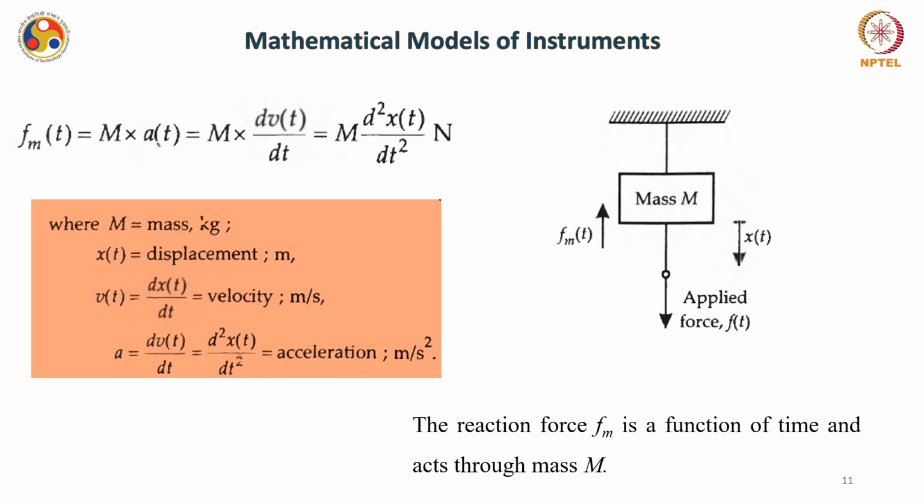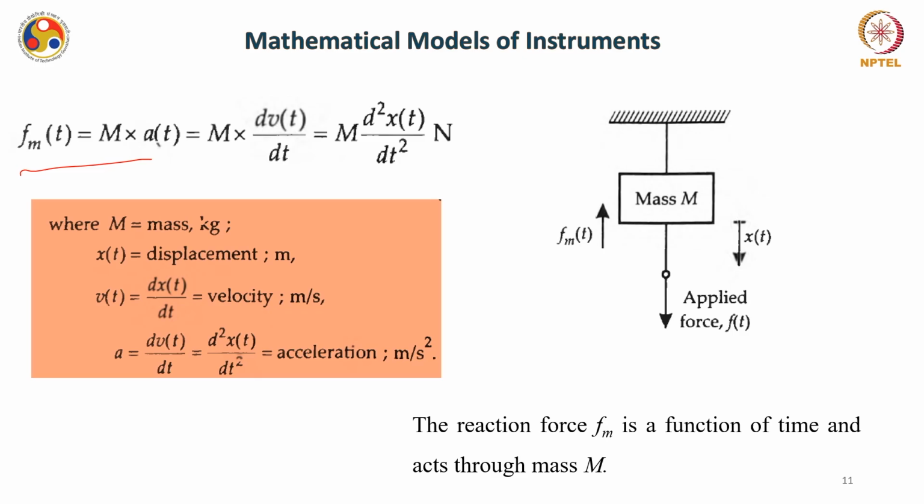So if I have to write the equation for this kind of system, I can simply write Fm equal to m into a, which is a function of time, okay. So I have to write like this: force Fm(t) is equal to m cross a(t), or I can write it in different forms, say in the form of position or in the form of velocity, as m into dv/dt or m d squared x by dt squared, okay, where m is the mass, x is the displacement, v is the velocity, and can be written as the first derivative of the position, dx/dt, or acceleration again is dv/dt or d squared x by dt squared, okay.